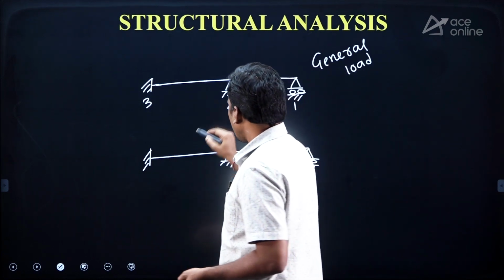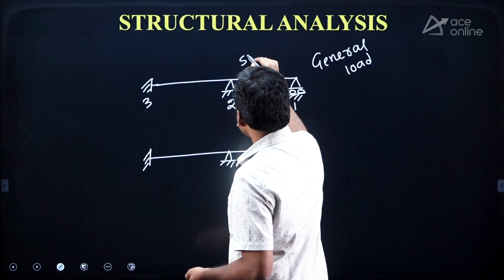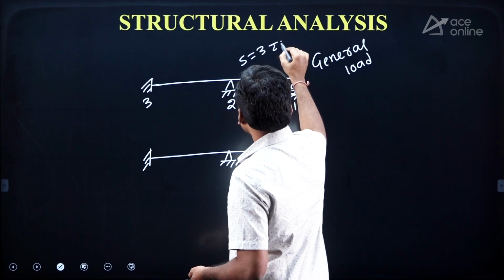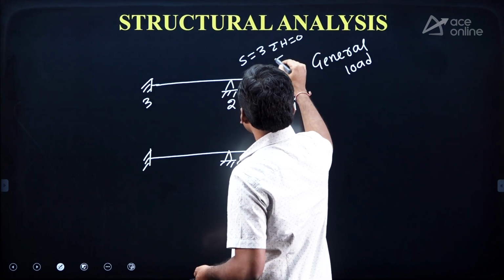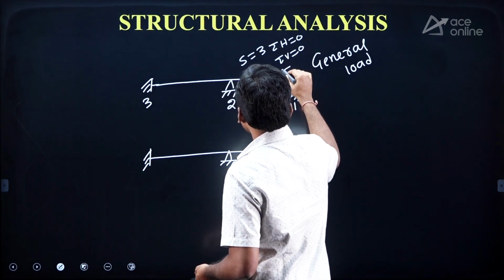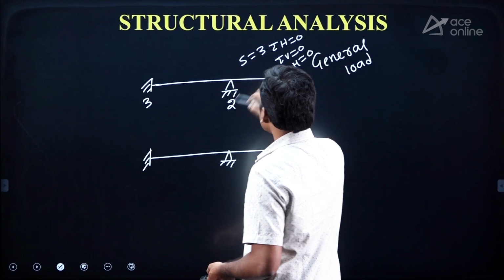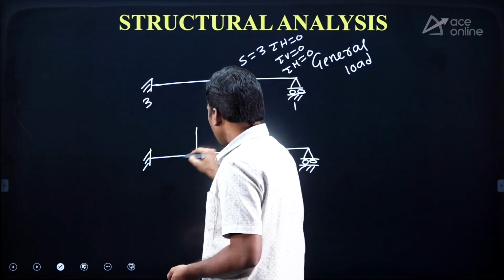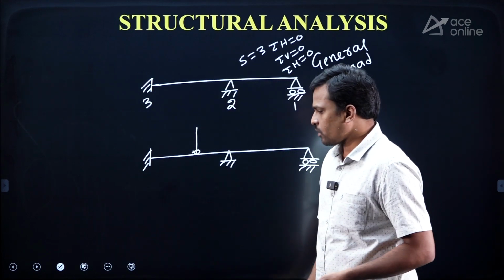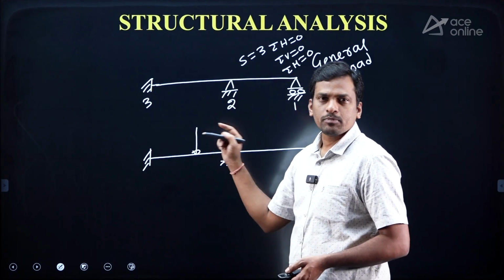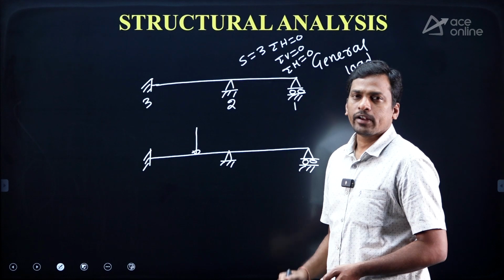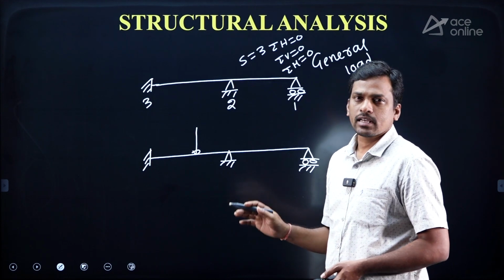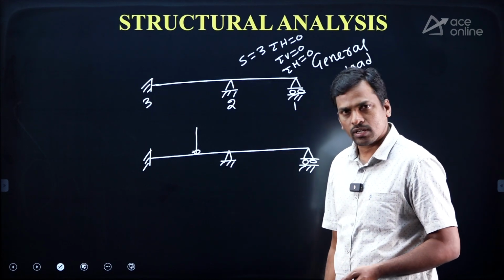But students, here how many equilibrium equations? Always 3. What are the 3? Sigma H equals 0, sigma V equals 0 and sigma M equals 0. Then if it is a purely vertical load on the flat member, I told you to neglect the horizontal reaction and the horizontal equilibrium equation also.